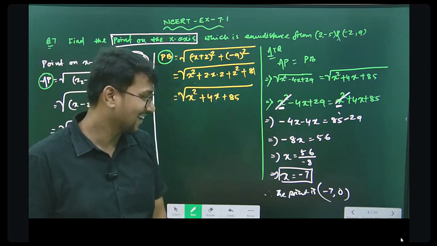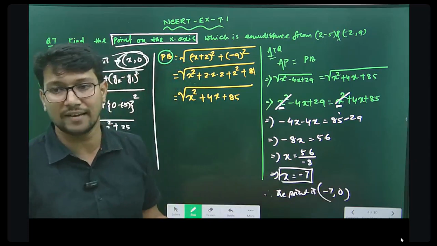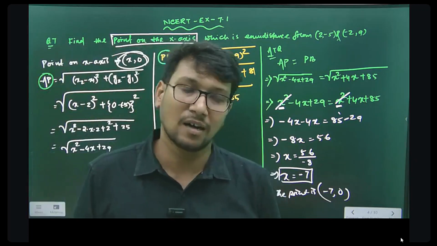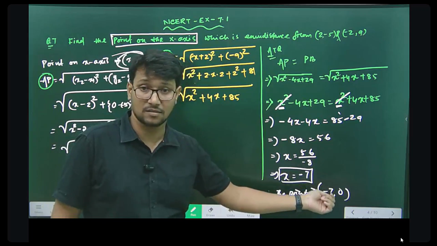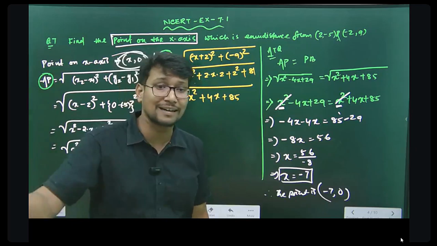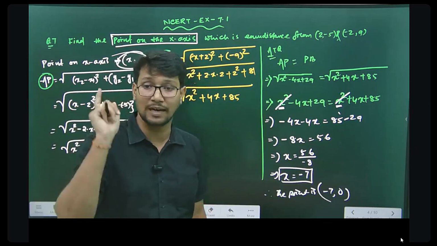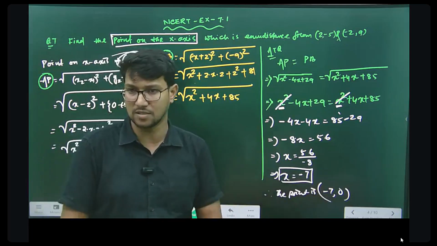Okay, very good. Though y is 0, so hence it lies on where? On x-axis. Though y coordinate is 0, the point definitely will not lie on any quadrant. It will lie on the axis. Why x-axis? Because y is 0.